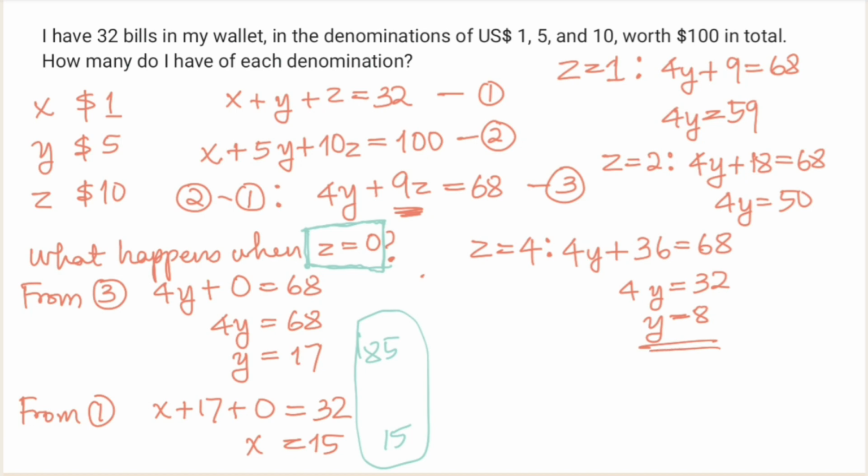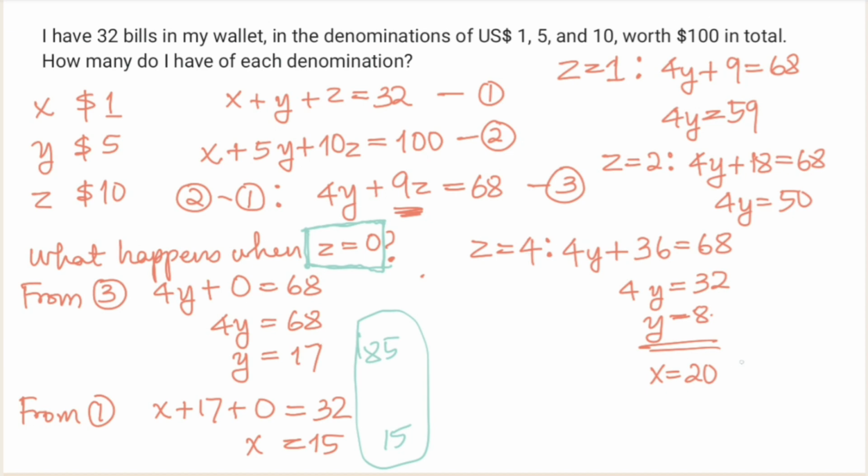And we can find the corresponding value for x. Because x plus y plus z is 32, if you have z equals 4 and y is 8, the total is 12. So you're left with 20. That gives you x equals 20. So this says that when you have 20 $1 bills and 8 $5 bills and 4 $10 bills, you're going to have a total of $100. Let's see.